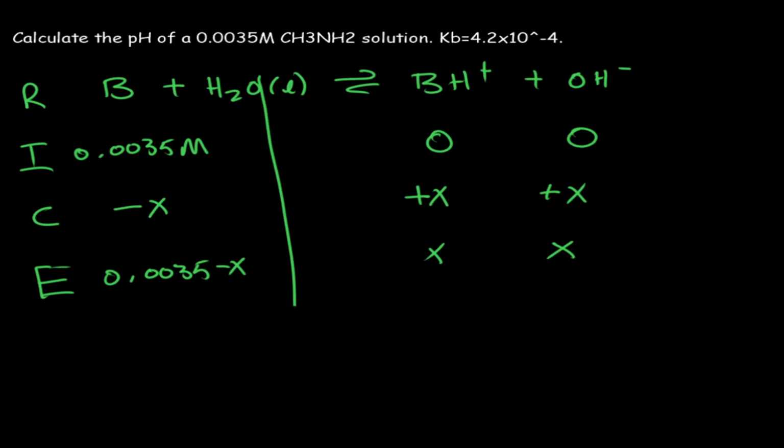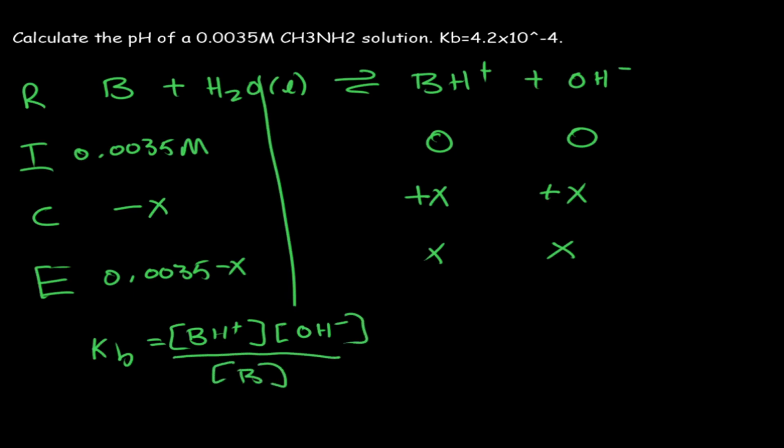Our x value can be calculated by using the Kb expression, which is equal to our concentration of BH plus multiplied by our concentration of OH minus, all over our concentration of the base. We know that our concentration of BH plus is x, our concentration of hydroxide ion is x, and the concentration of our base is 0.0035 minus x.